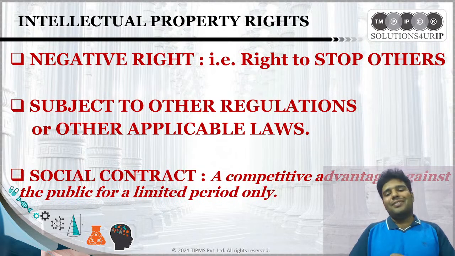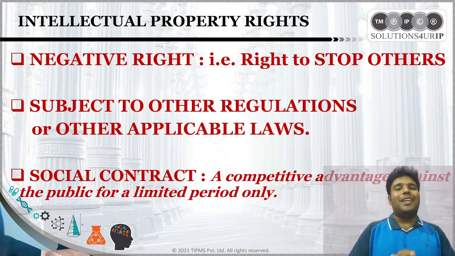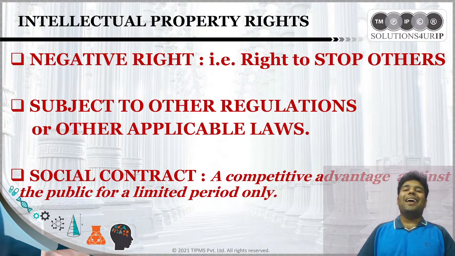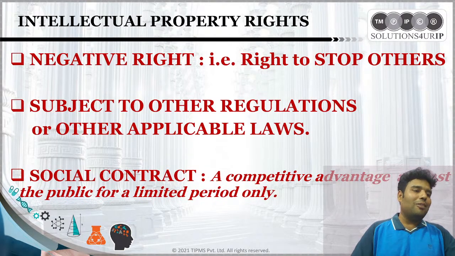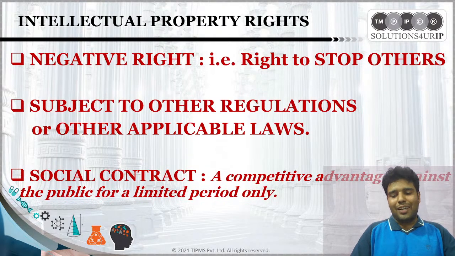That is why I want you to say the government. The government will give you that intellectual property right. And then what do you give back to the government? If the government is giving you the right, what do you give back?